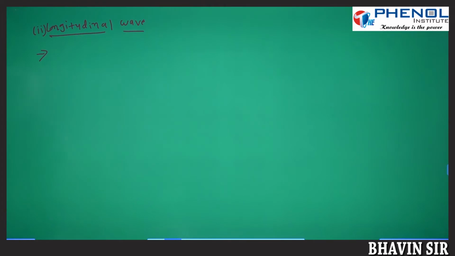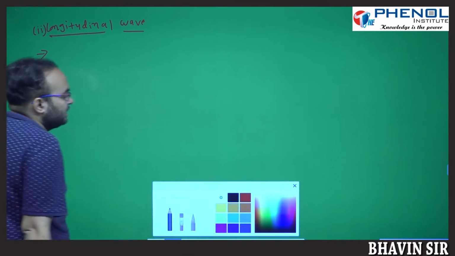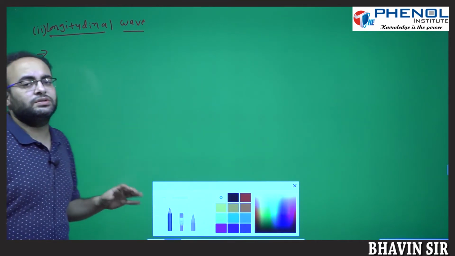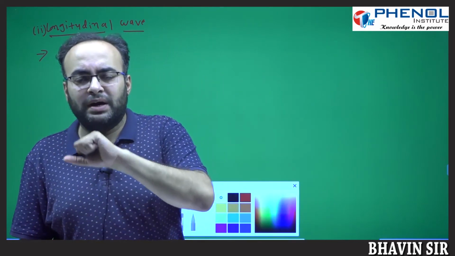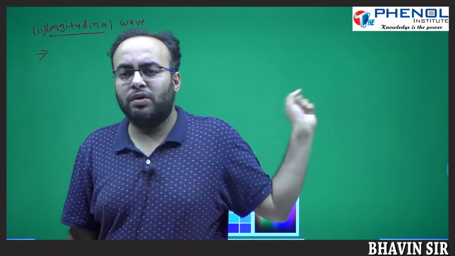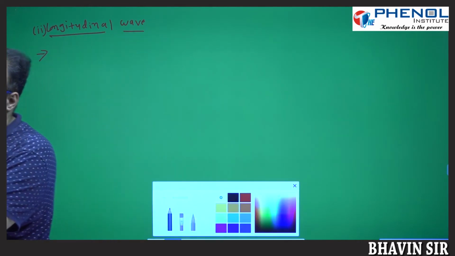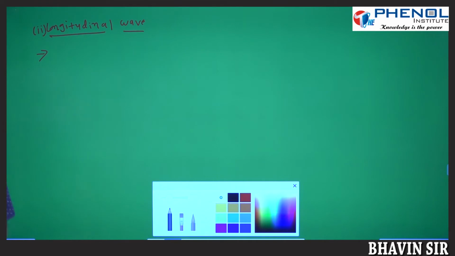So see students, what are longitudinal waves? What is the definition? In the case of a longitudinal wave, oscillation of particles is along the medium. In the case of a transverse wave, oscillation is perpendicular to the medium. Here oscillations are along the medium.